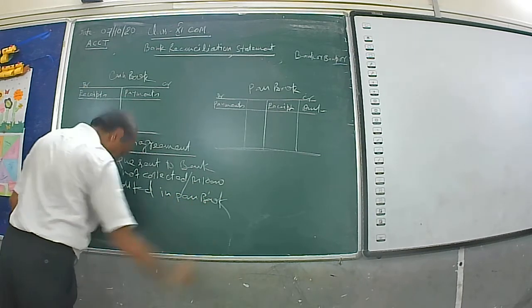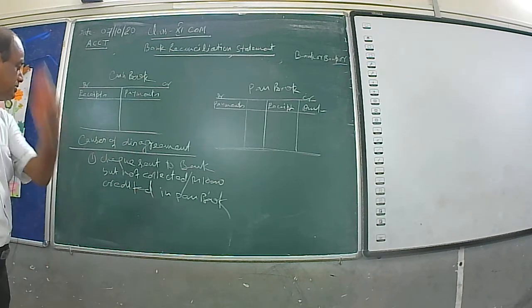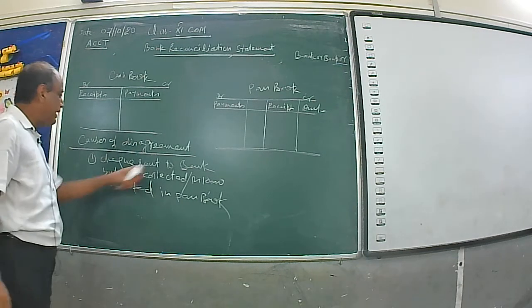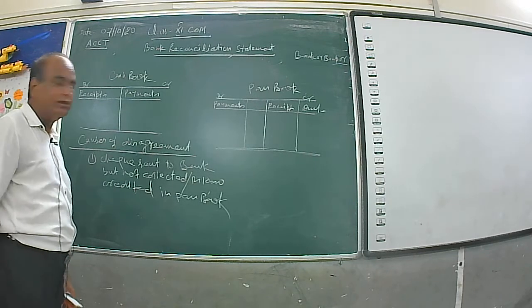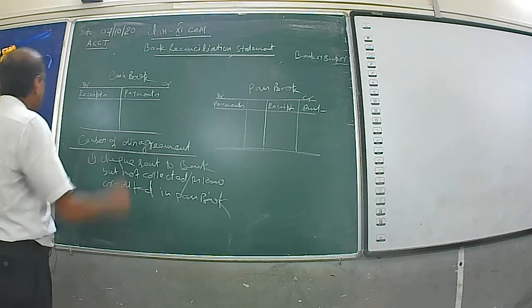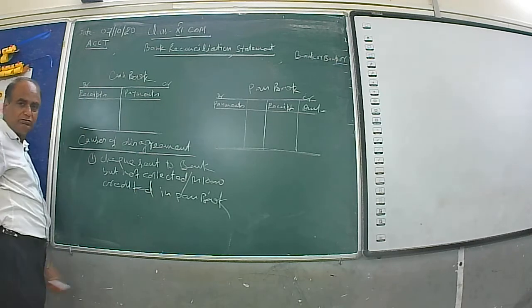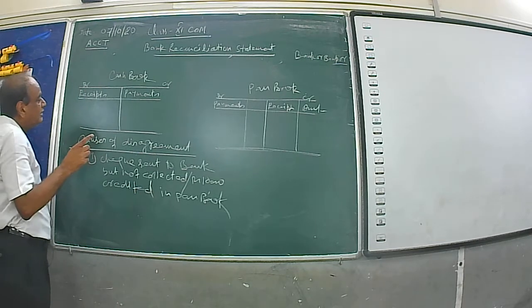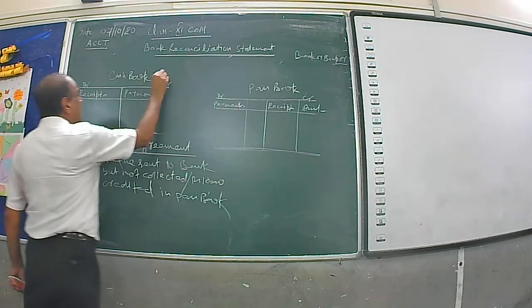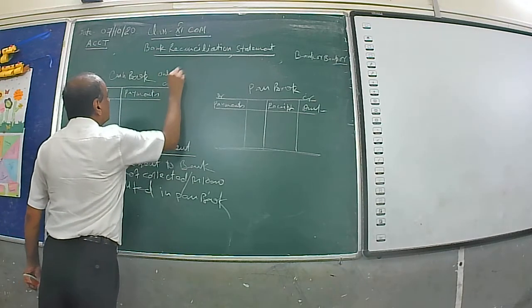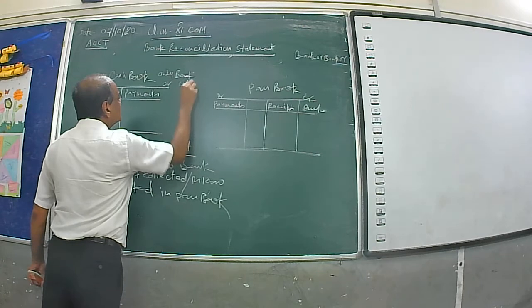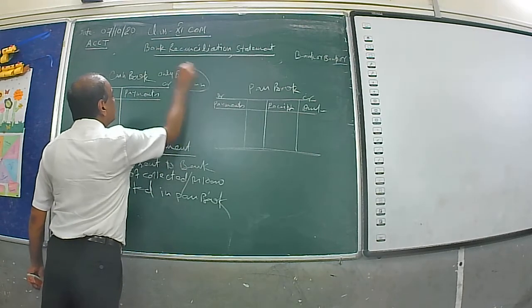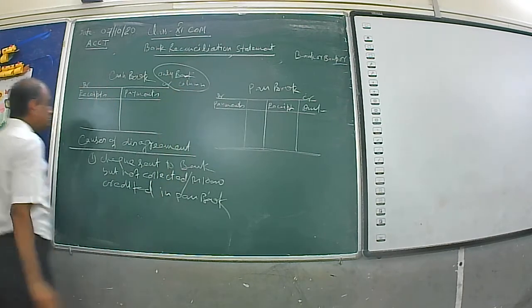So what would be the effect of this transaction, you see? Check sent to bank. When the check is sent to bank, the businessman will make the recording in cash book. Mind it, here only the bank column of cash book will be considered at the time of preparing the BRS.